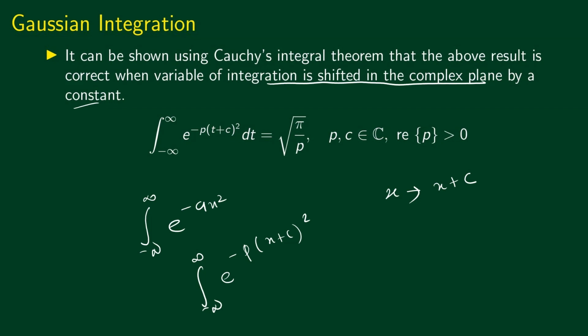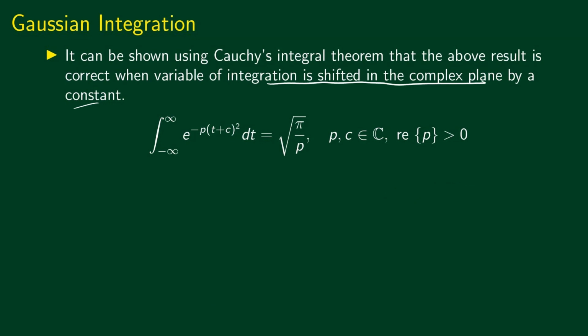All right. Now we haven't proved it here. The proof is quite simple. You can solve it using Cauchy's integral theorem. You can consider a loop like that, including the line and the shifted line. We know that the integral over a closed loop is 0. So you look for these things, and this will give the result that even if you shift, this is the x-axis, this is the shifted axis, let's say in the complex plane, the integration from minus infinity to infinity does not change if you shift it in the complex plane by a constant.